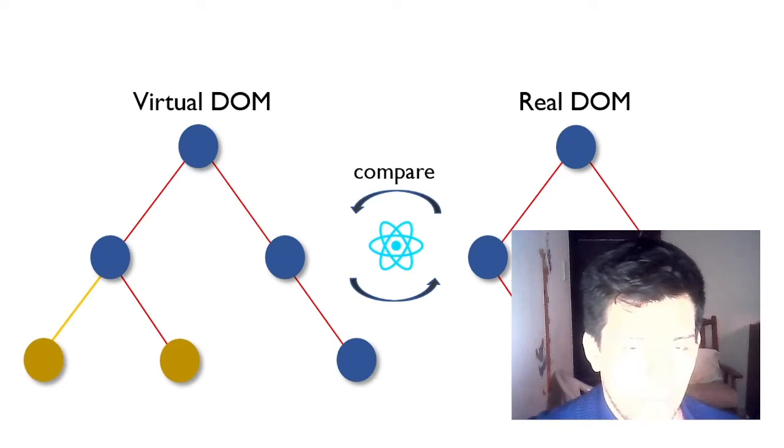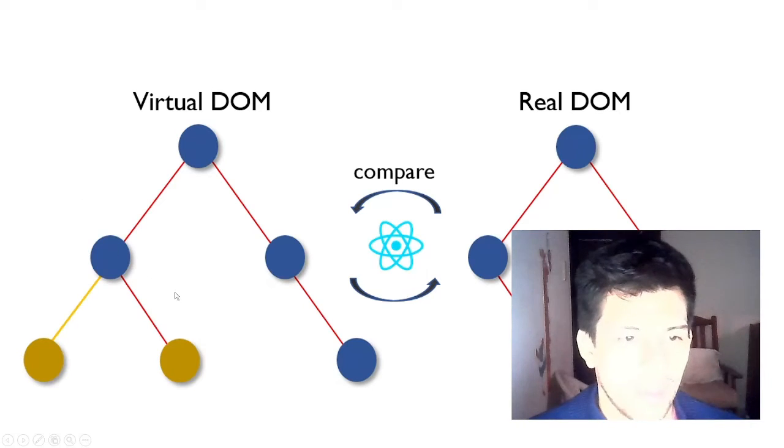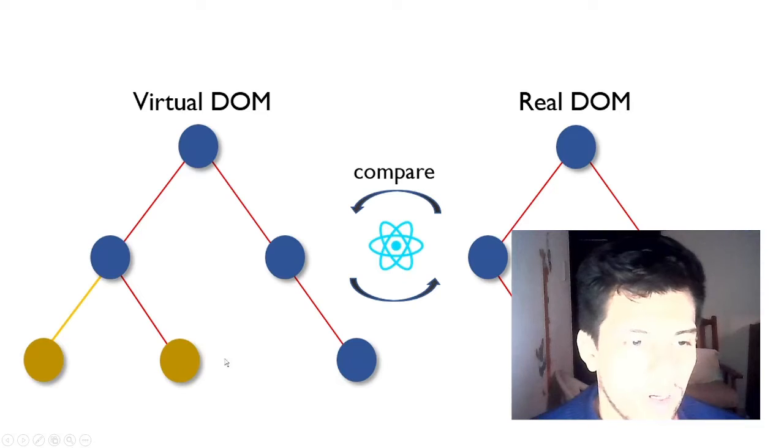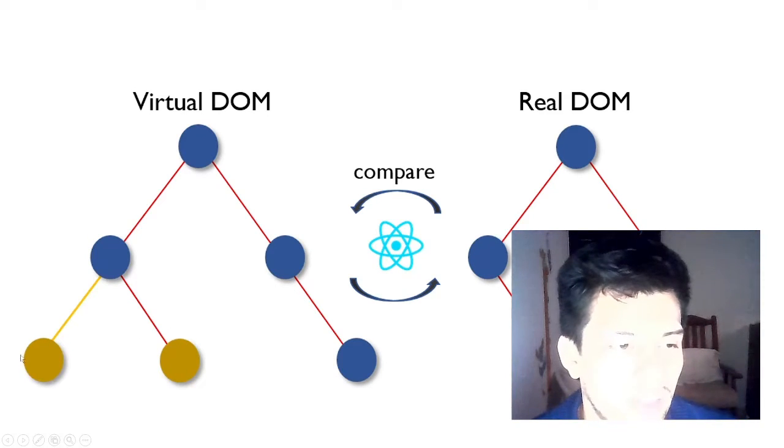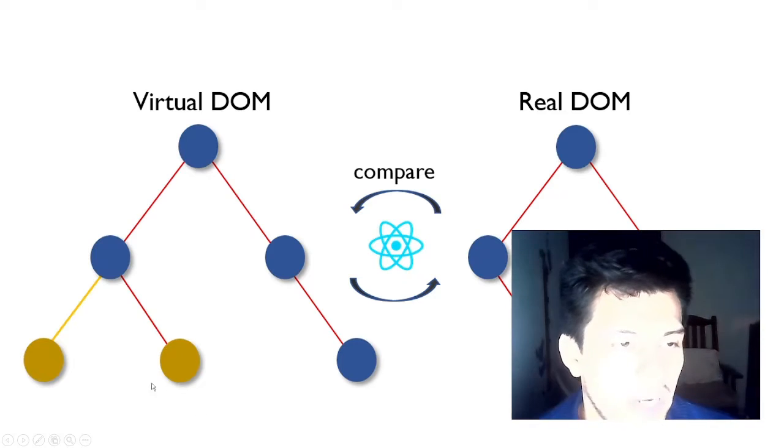So in this example, if we make some change in this element or component, if this other component needs some information from here, it will just update from here, from this node, to the other components that will depend on this information.